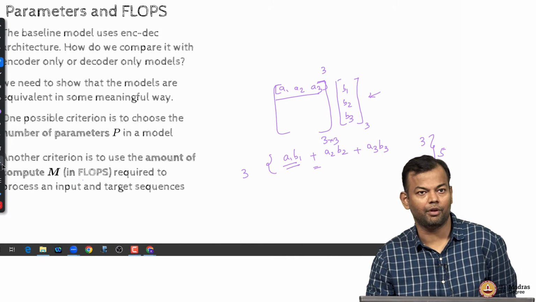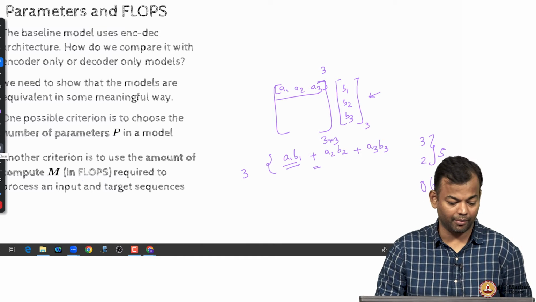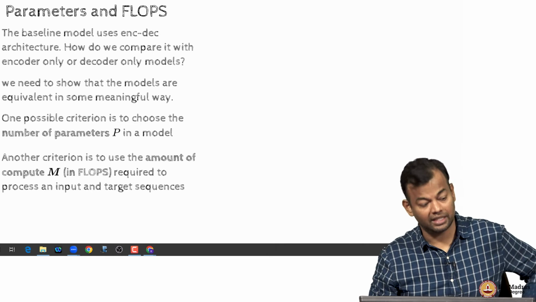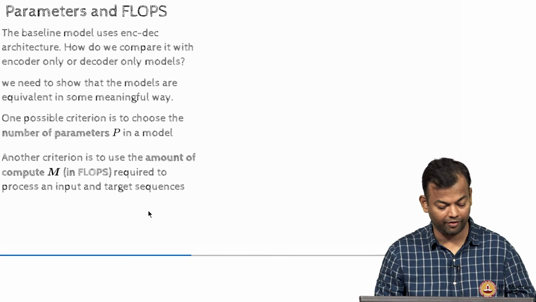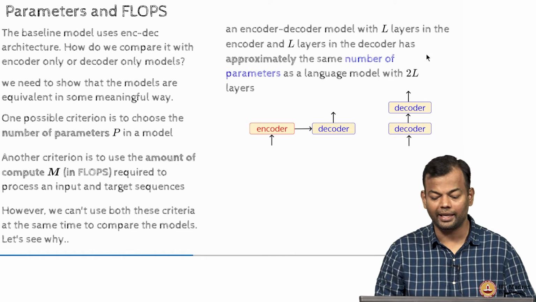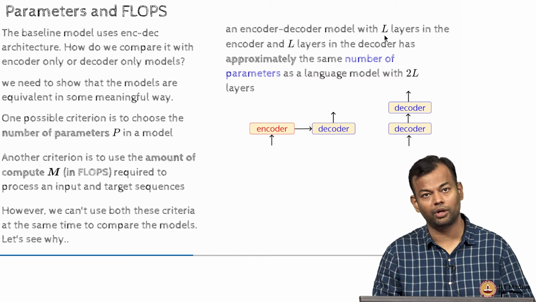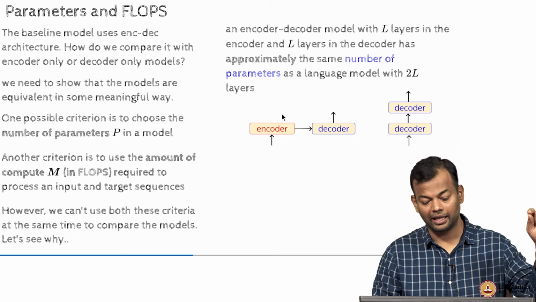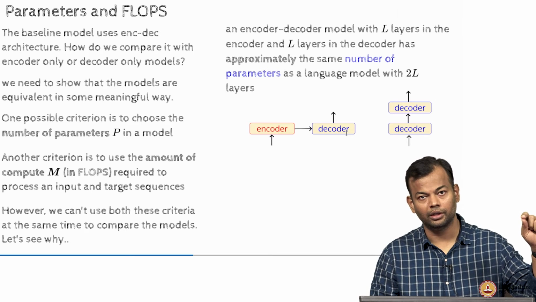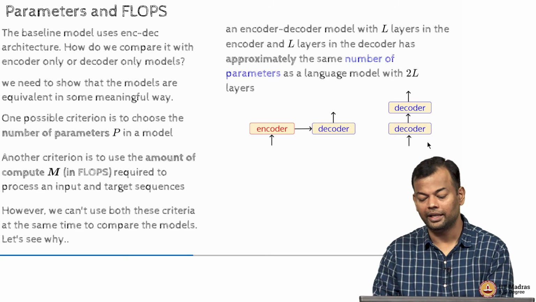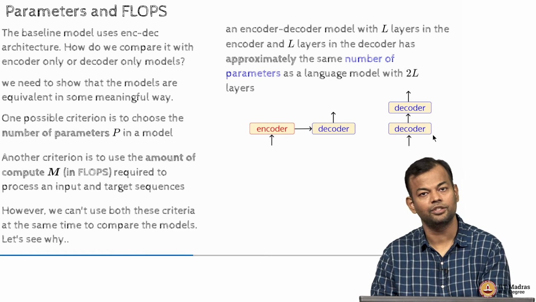So either they have the same number of parameters or they are doing the same number of computations. Unfortunately, we cannot say both. We cannot say that they have the same number of parameters and do the same number of computations, and we'll see why. First, we'll observe that if you have an encoder-decoder model with L layers in the encoder and L layers in the decoder, then if you want to compare it to a decoder-only model or an encoder-only model, it is compared to a model which has 2L layers.